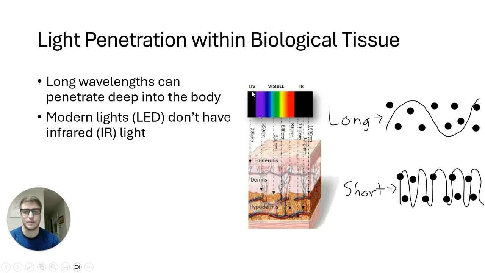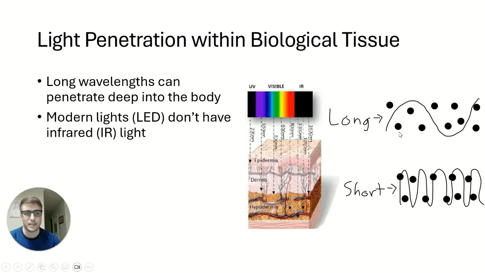The reason is that ultraviolet light or purple and blue has a very short wavelength compared to red or infrared light. One way you can think about this is kind of an oversimplification, but I think it brings home the idea of longer wavelengths being able to penetrate deep into the skin.